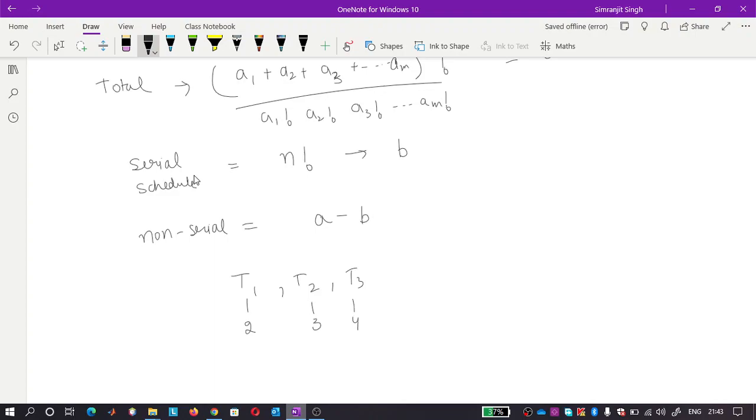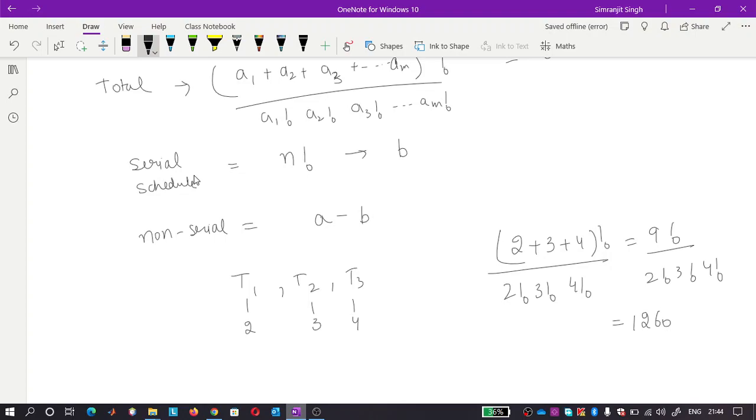To find the total number of schedules, it is 2 plus 3 plus 4 factorial, over 2 factorial followed by 3 factorial followed by 4 factorial. I think it is 9 factorial over 2 factorial, 3 factorial, 4 factorial. Solve it, I think it is 1260. So 1260 is the total number of schedules that are possible.